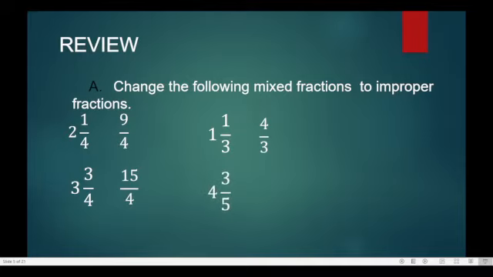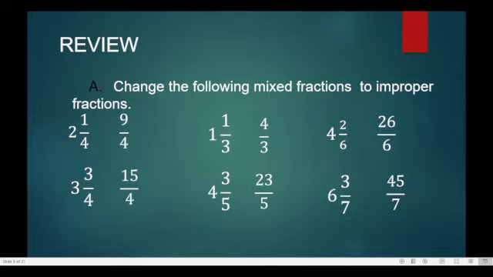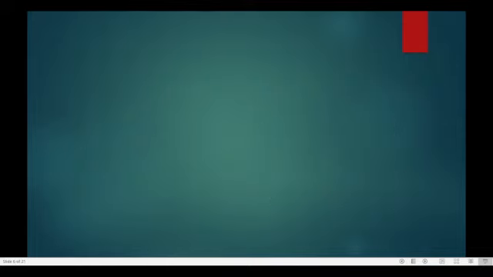And then you have 4 and 3/5. So 5 times 4 is 20 plus 3 is 23/5. And then you have 4 and 2/6, so 6 times 4 is 24 plus 2 is 26/6. And then you have 6 and 3/7. 7 times 6 is 42 plus 3 is 45 over 7.